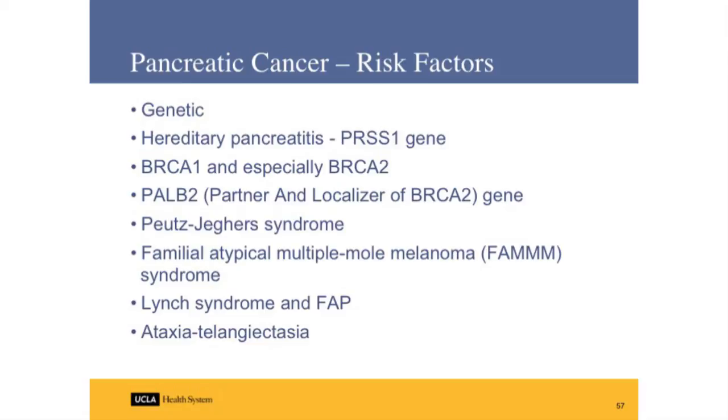Lynch syndrome, which I talked about a little bit before, and FAP, a condition where your colon has a lot of polyps, also increase the risk of developing pancreatic cancer. Ataxia telangiectasia is another condition that predisposes.